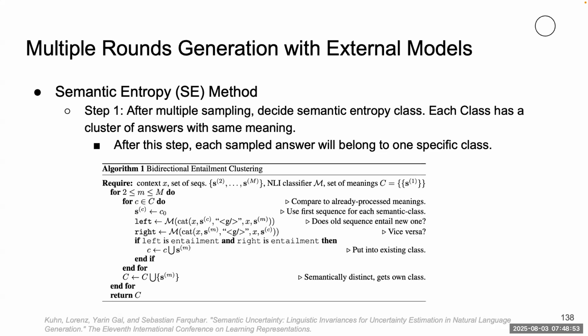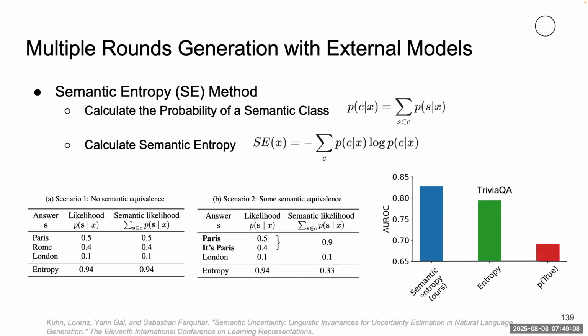So you can apply different kinds of clustering methods to cluster the outputs, like from 20 answers into maybe 2 clusters. Then with these 2 clusters, you can calculate the probability of the semantic class, and then calculate the semantic entropy as the final output here.